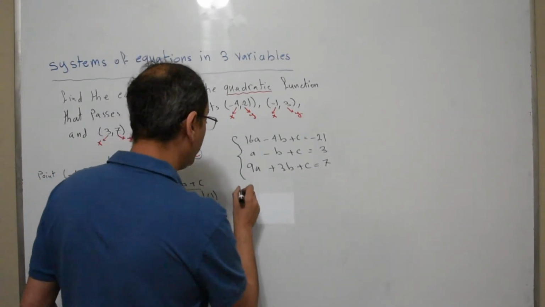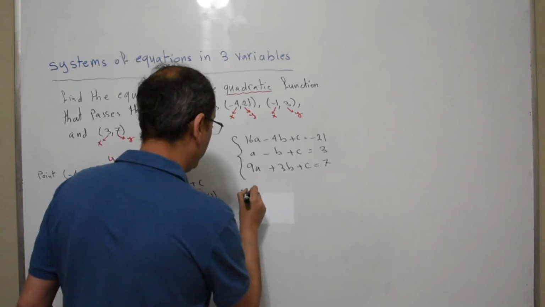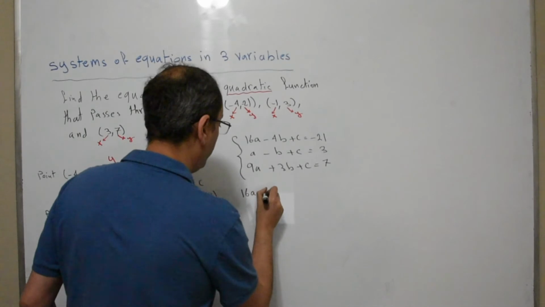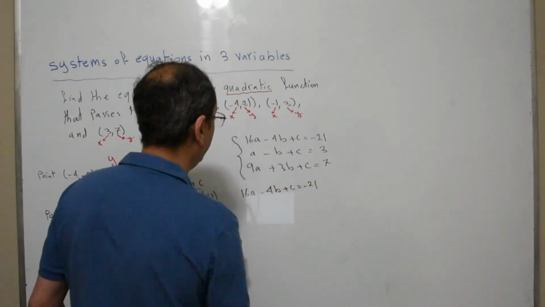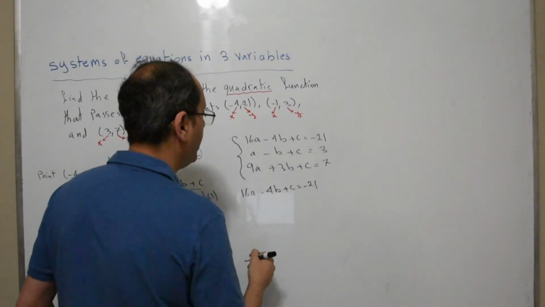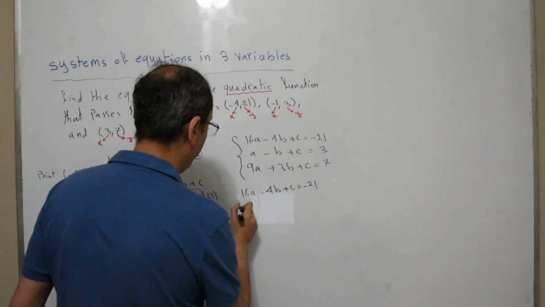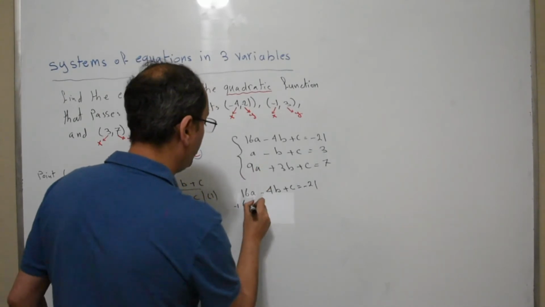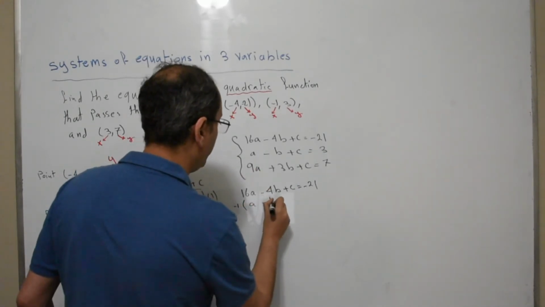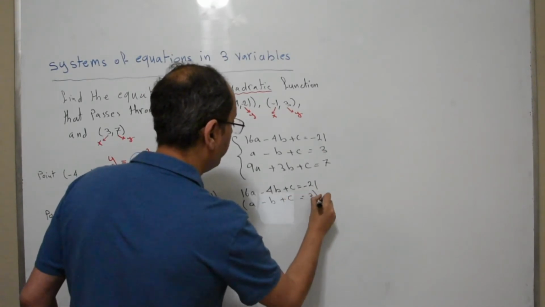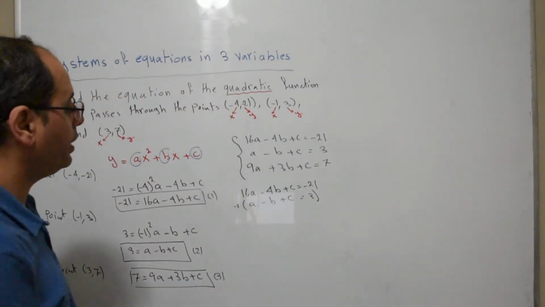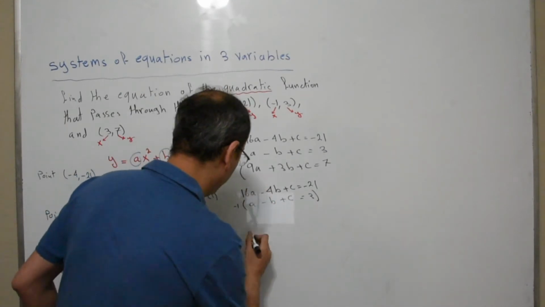So I have 16a minus 4b plus c is -21. And now I'm going to multiply the second one by -1. So I'm going to make it -1 times this equation, a minus b plus c equals 3. I multiplied this one by -1. So what did I get here?